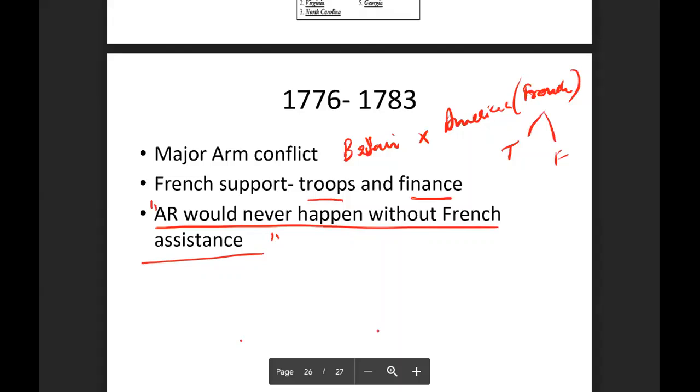One more thing, France was also not in a good situation at that time. It did not have good money or troops to support, but still they came in and helped the Americans fight against the British because of that much rivalry against Britain. So the American Revolution would never have happened without French assistance.